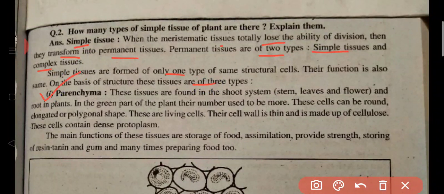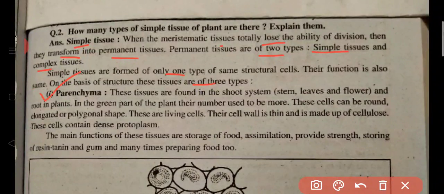First is parenchyma. Parenchymas are found in root, stem and leaves, and the cells of parenchyma tissues have thin cell wall.